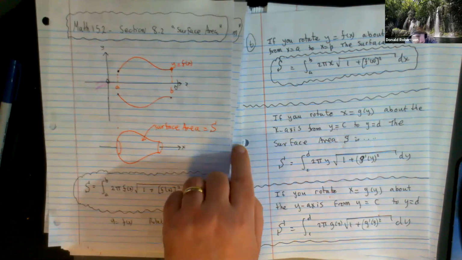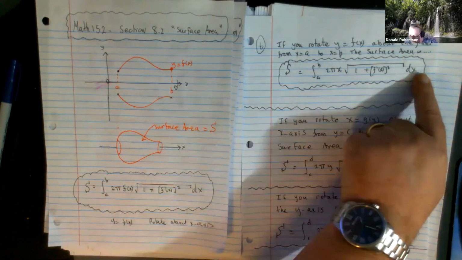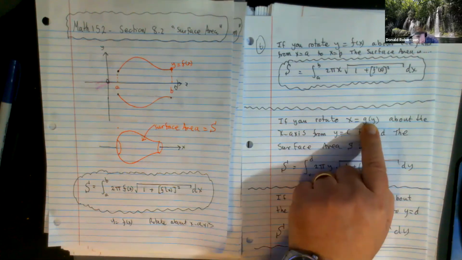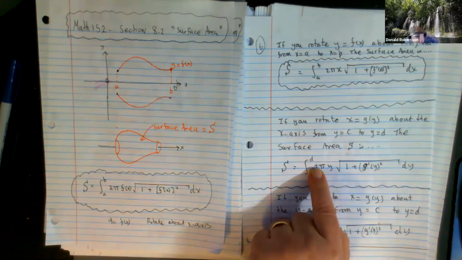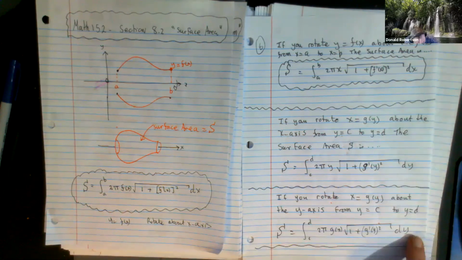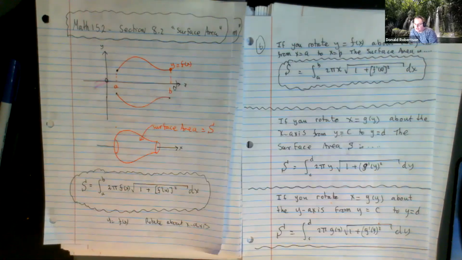If your function is y equals f of x and you're rotating about the y-axis, use this one. If your function is x equals a function of y and you rotate it about the x-axis, use this formula. And lastly, if it is x equals a function of y and you're rotating it about the y-axis, you use this formula. And if you had all 4 formulas side by side, aren't they very, very similar looking? They have virtually the same kind of pieces. Maybe there's x's where y's used to go or y's where x's used to go, but pretty much the same formula.